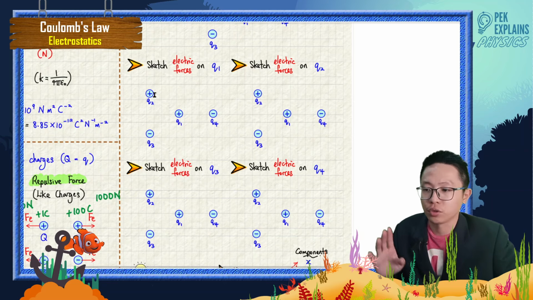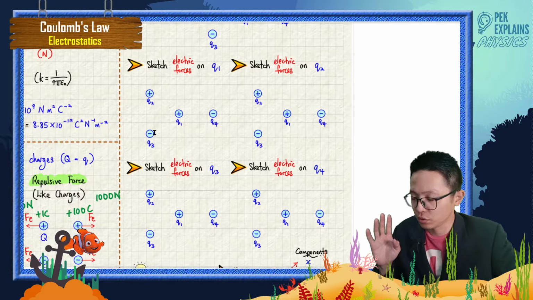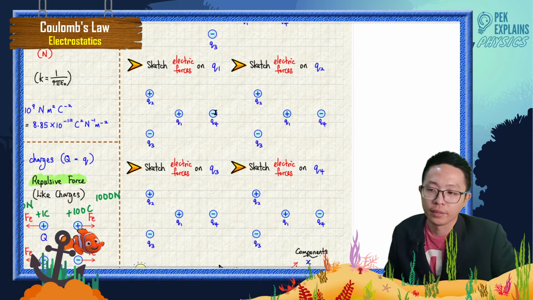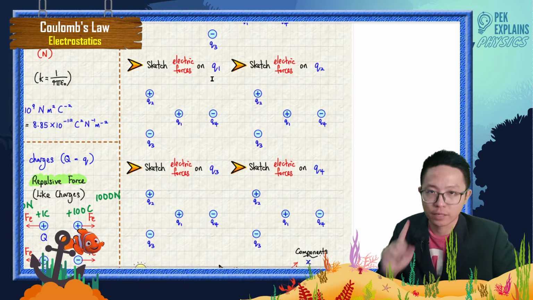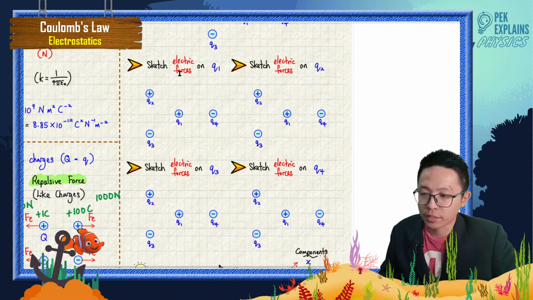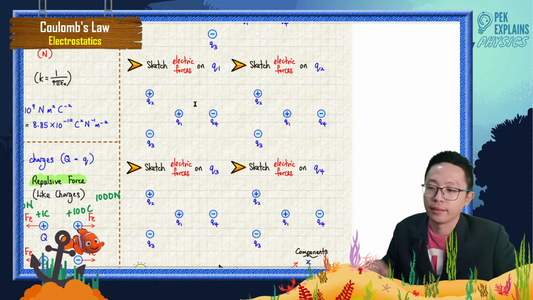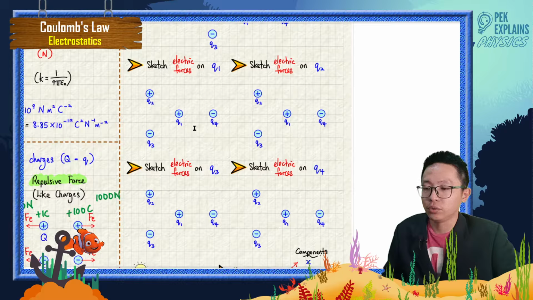Don't draw force on Q2, Q3 or Q4. Draw the force depending on the charge the question specifies. So between Q1 and Q2, they will repel each other because same sign.